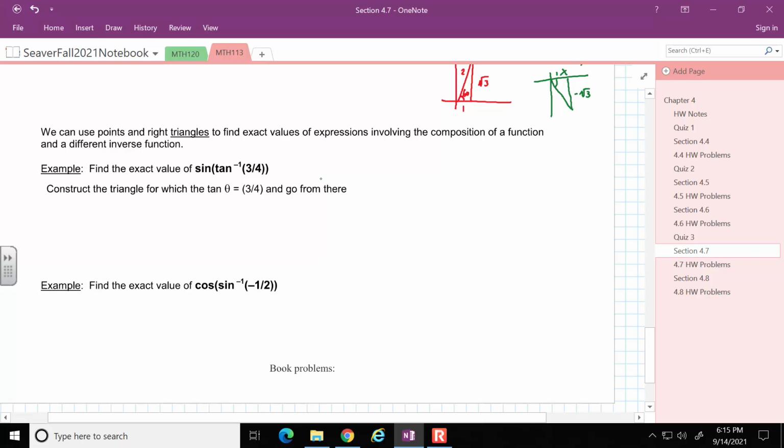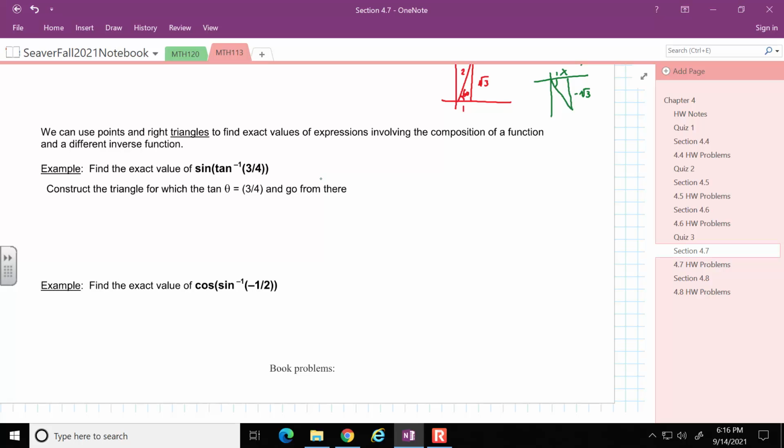The key here is I am looking for a triangle at which the tangent has a ratio of 3 to 4. Right? Opposite to adjacent is 3 to 4. What is the sine of the angle that would give me that situation? So I don't necessarily want the angle, I want the sine of the angle.